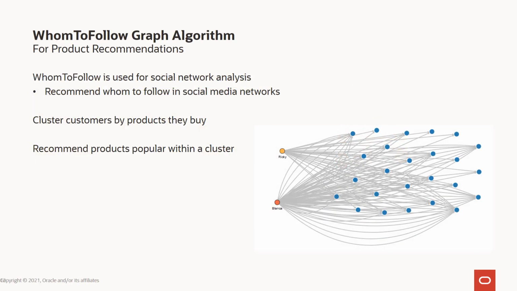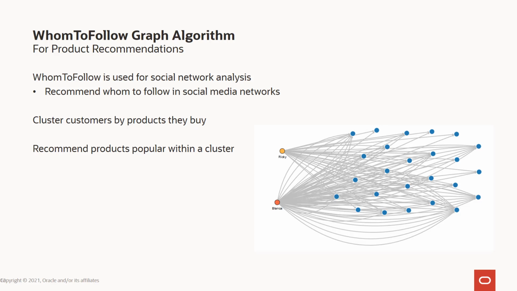So in this demo, we'll follow the whom to follow algorithm, which is typically used for social network analysis. So what happens here is you use the algorithm to cluster users based on whom they follow. And depending on which cluster you belong to, you can make recommendations for whom to follow based on the popular folks that are followed on social media by other members of the cluster you belong to.